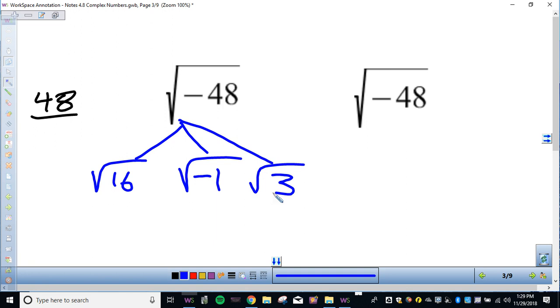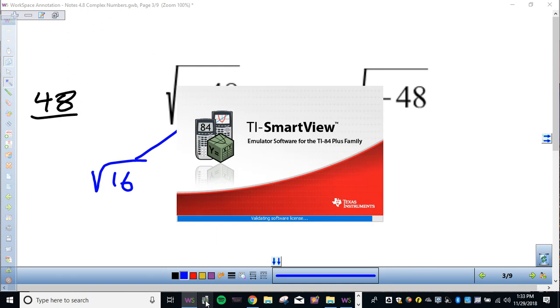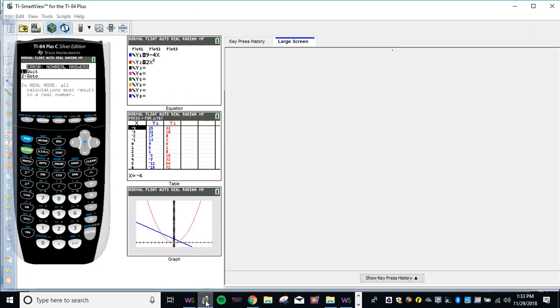So what's the square root of 16? 16 times 3 is 48. Right? So let's say you're not good at coming up with the list of factors. Then you can still do the 48 divided by x thing in the graphing calculator.